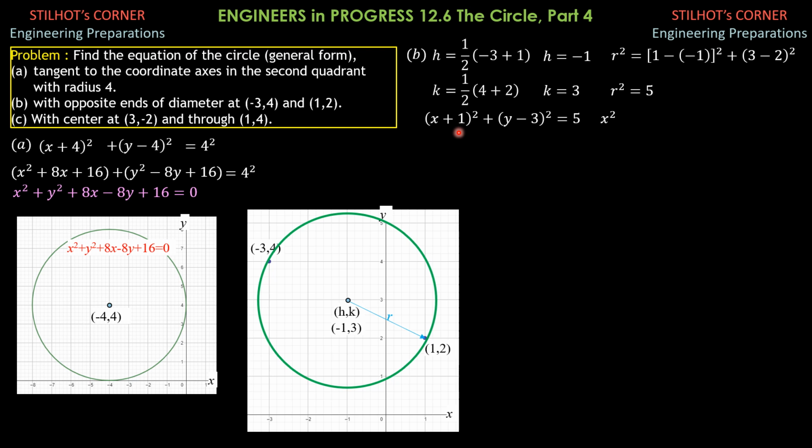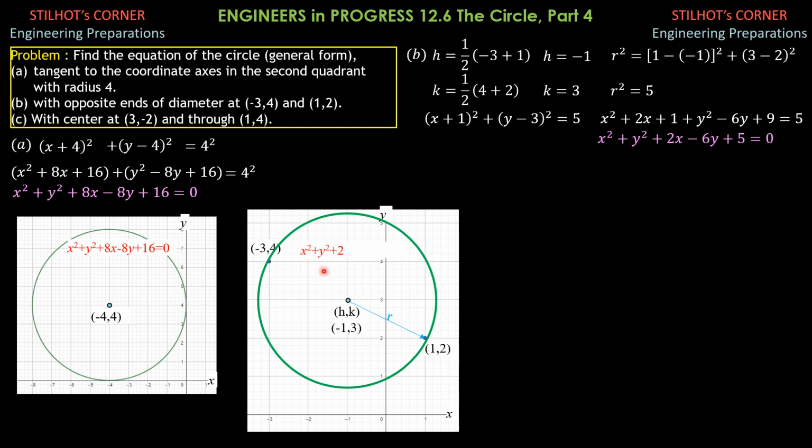Expanding, this is x square plus 2x plus 1 plus y square minus 6y plus 9 equals 5. Then, simplifying, the equation of the circle is x square plus y square plus 2x minus 6y, 1 plus 9 is 10 minus 5 is 5. So x square plus y square plus 2x minus 6y plus 5 equals 0. So that's the equation of the circle.